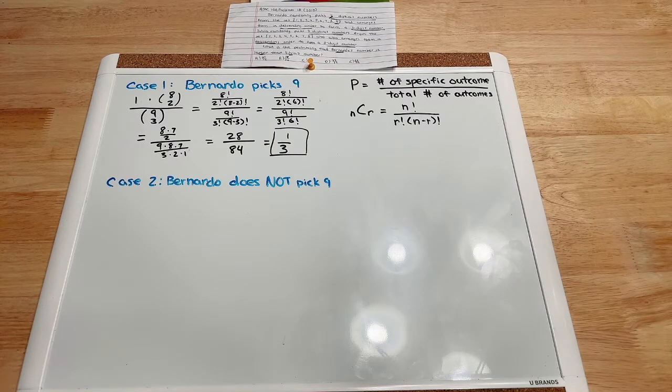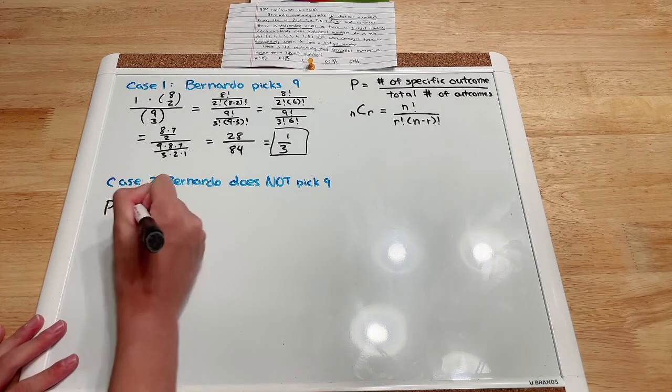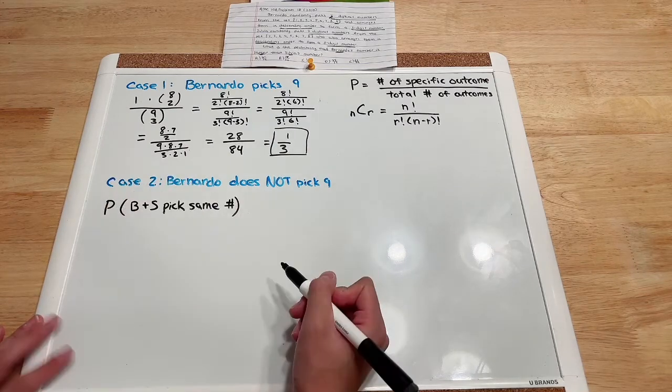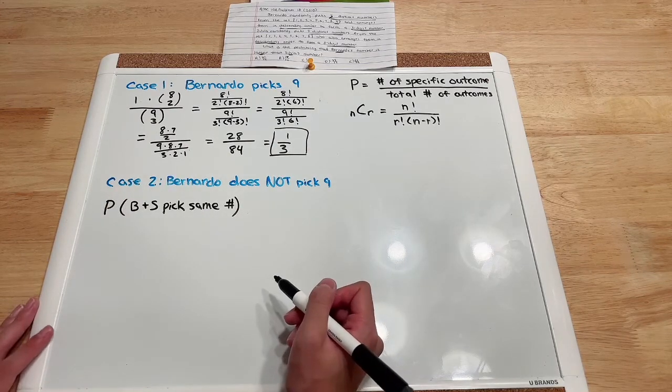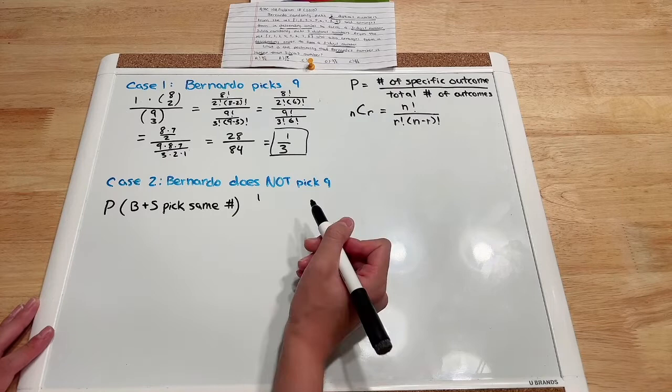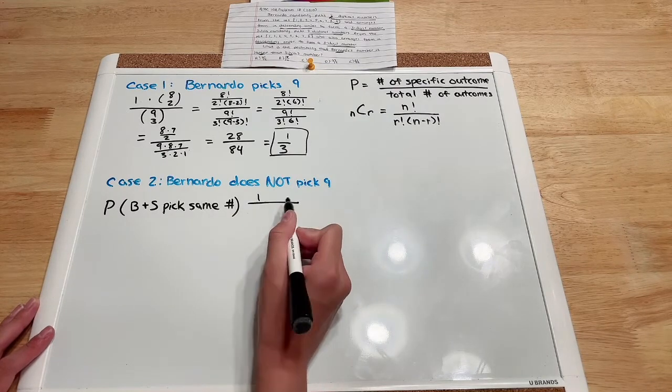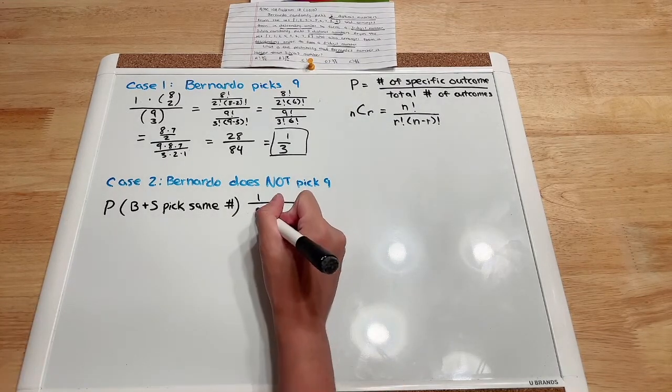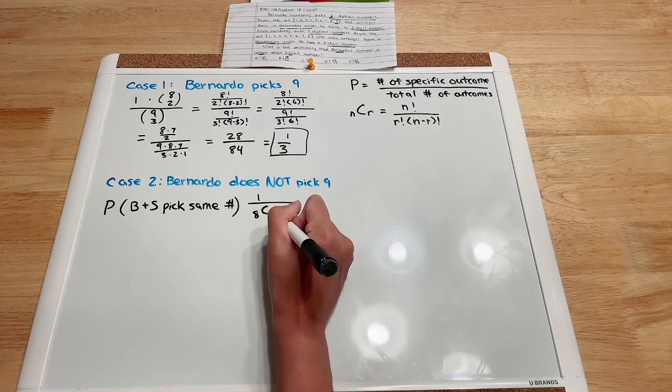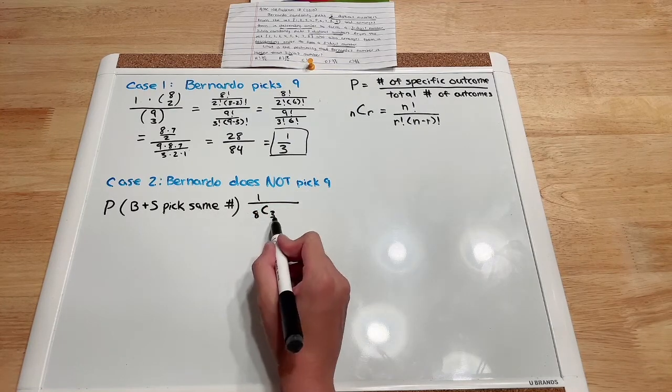Since we're ignoring the 9, the probability that they will pick the same number is the number of ways to pick Bernardo's 3 numbers divided by the number of ways to pick any 3 numbers. So what do I mean by that? First, the probability that they will pick the same number. So the probability of Bernardo and Sylvia picking the same number would be 1, there's 1 outcome, over the total number of outcomes, which is 8 choose 3. 8 is the total number, and then you choose 3 out of those.